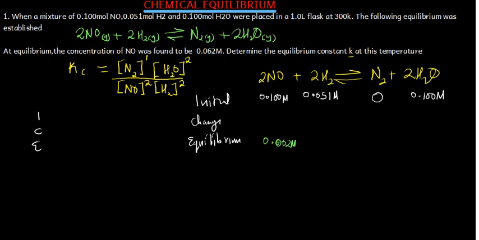Now just using this one alone, we can determine what was the change. If at the beginning you had this one, and then at equilibrium you have got this value, then how much did it change? Remember, whenever you are talking about change, it is final minus initial, right? So the final is at equilibrium, 0.062, that is the concentration, minus initially the concentration, 0.100.